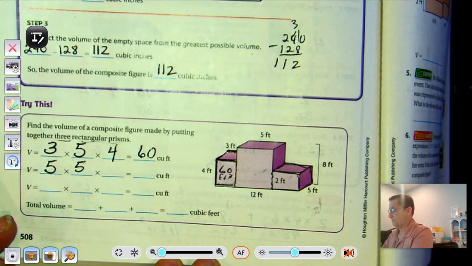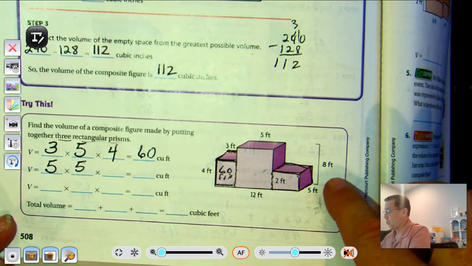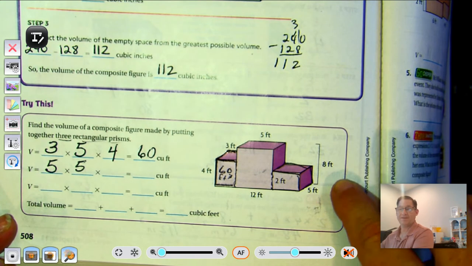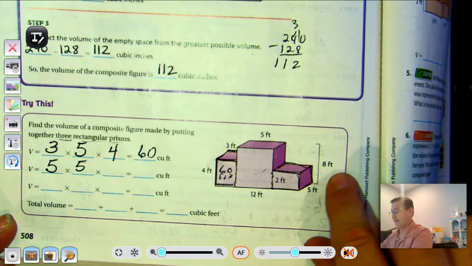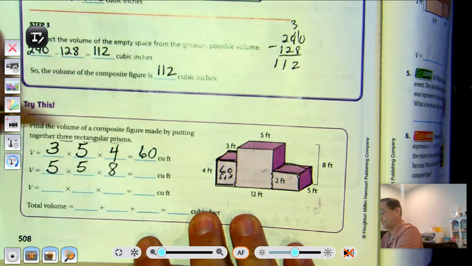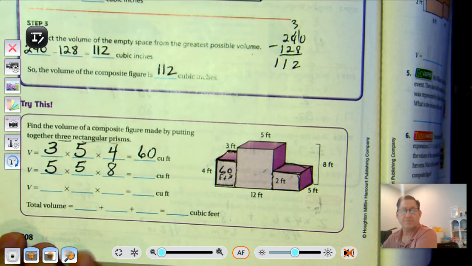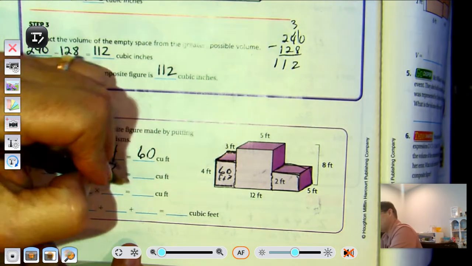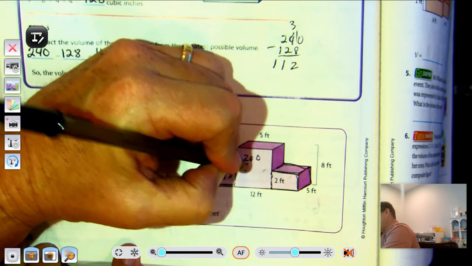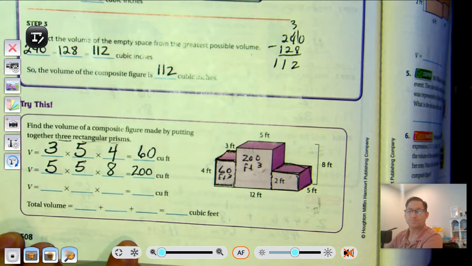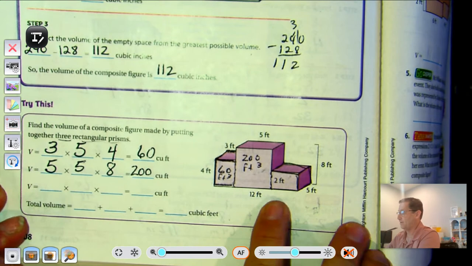And the height is the whole thing, right? And they give me the height. They're saying from the bottom of this one to the top of the middle is 8 feet. All right, well, 5 times 8 is 40. And 40 times 5 is 200. So 200 cubic feet.